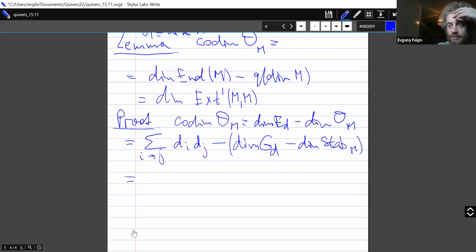So let me write that the dimension of this group is the sum of d_i squared. And what is the dimension of the stabilizer?